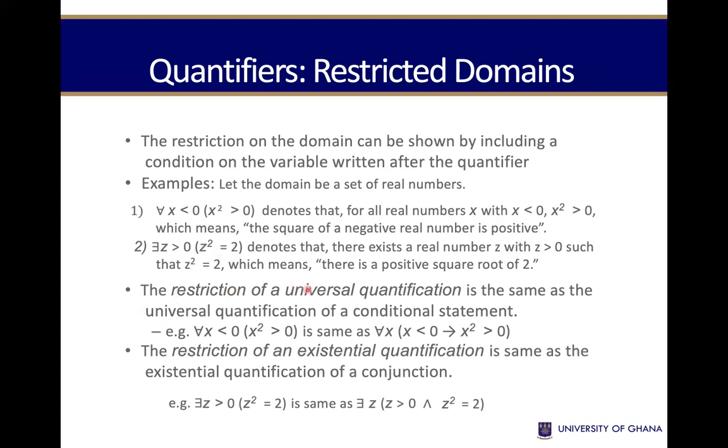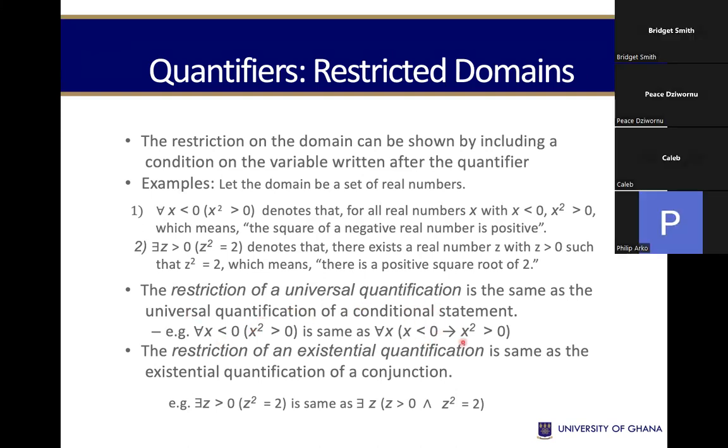So the restriction of a universal quantification is the same as universal quantification of a conditional statement, right? So all that we are trying to say here is, once I am able to restrict the universal quantification, it will always be the same as this implication. So for x less than 0, in other words, for all negative values, x squared will always be greater than 0.